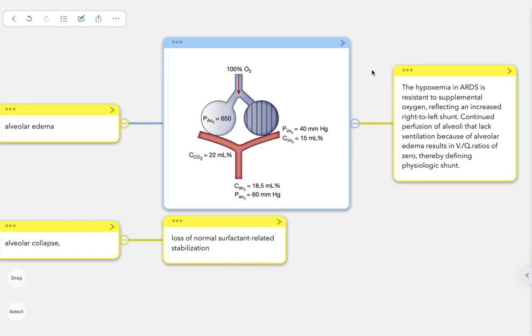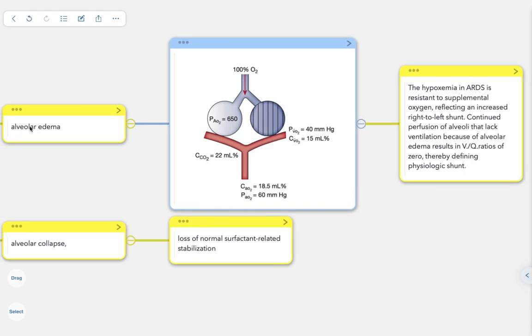Continued perfusion of alveoli that lack ventilation because of alveolar edema results in VQ ratios of 0. Obviously, you ventilate the lung as much as possible. Infinite ventilation with zero perfusion would be a dead space, but zero ventilation with infinite perfusion would lead to VQ ratios of 0, and this eventually defines what a physiological shunt is all about, right?